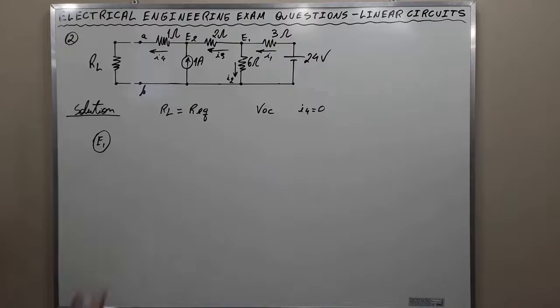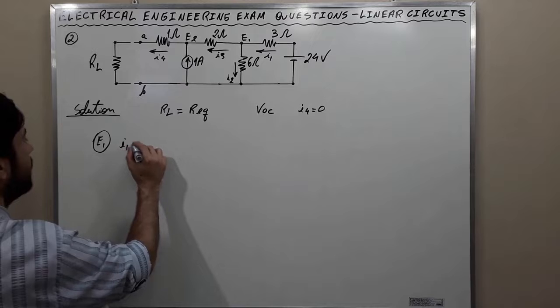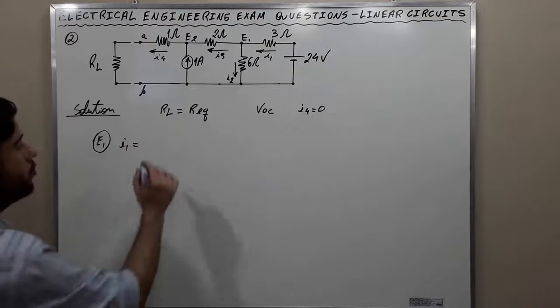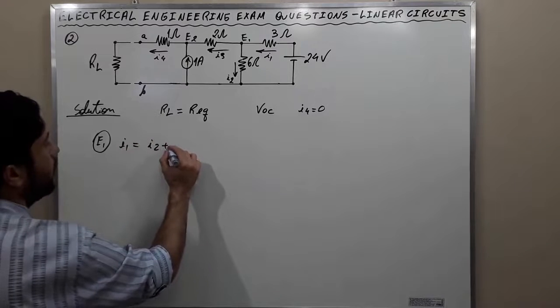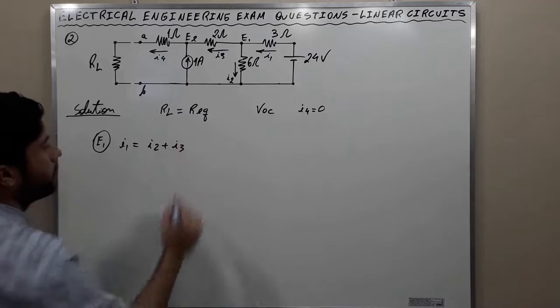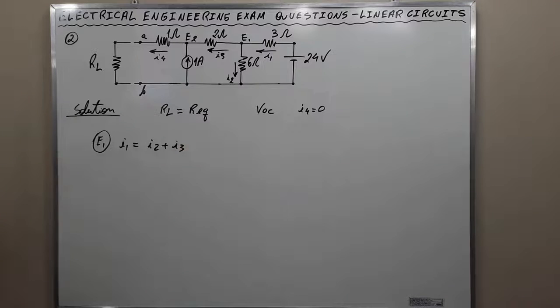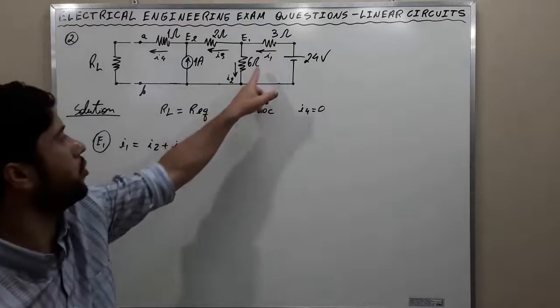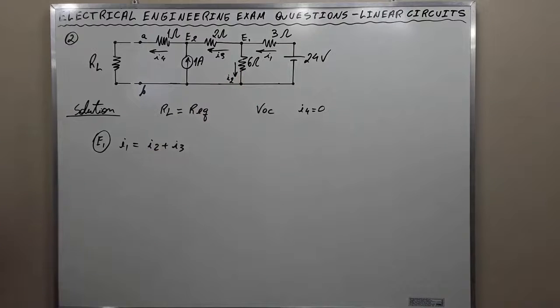Okay, I1 enters the node, and I2 and I3 leave the node. Okay, I1 is equal to I2 plus I3.